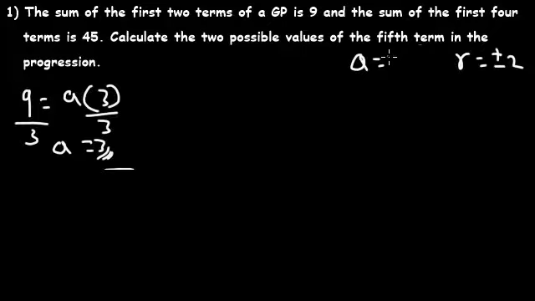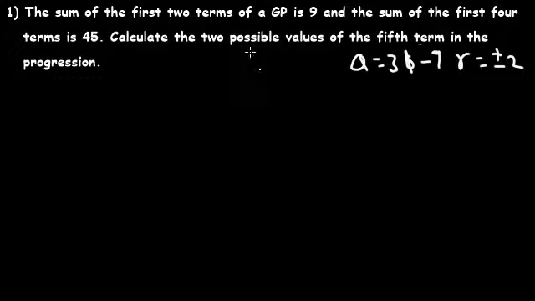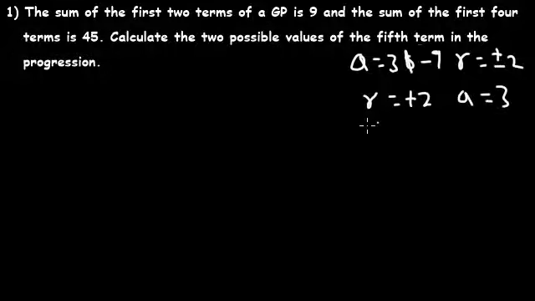So a is 3 and minus 9. Now, so you don't mix this up, let me write it in this manner. When r is plus 2, a is equal to 3. When r is minus 2, a equals minus 9.